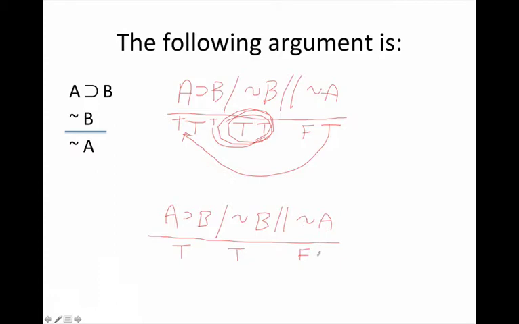So if tilde A is false, A is true. If tilde B is true, that means B is false. Then when we plug that value in, we run into a contradiction. A horseshoe can't be true when the antecedent is true and the consequent is false. This argument is valid. This is Modus Tollens, or denying the consequent.